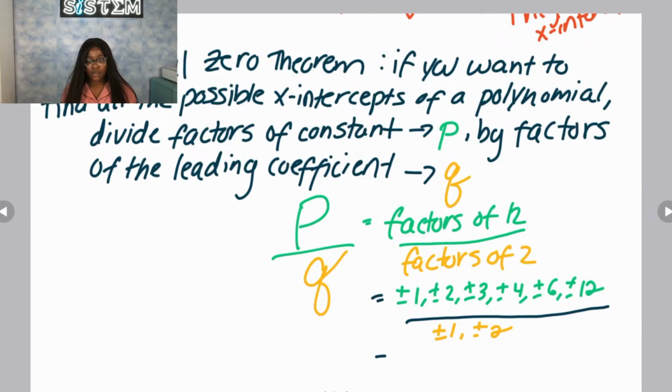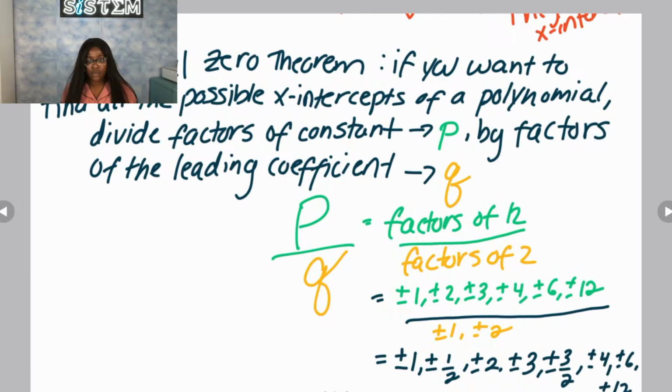So when you divide all of these, the final answers you get are plus or minus 1, plus or minus 1/2, plus or minus 2, plus or minus 3, plus or minus 3/2, plus or minus 4, plus or minus 6, and the last one is plus or minus 12.